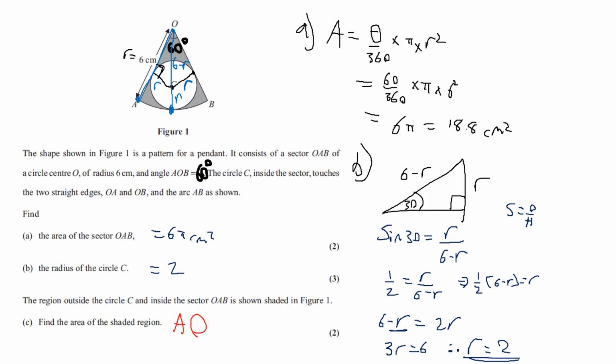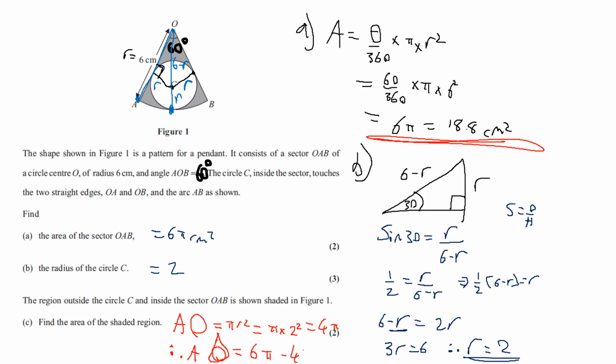The area of the circle is going to be pi r squared, which is just pi times 2 squared, 4 pi. And so therefore, the area of the shaded region, it's the best drawing I could get, it's just going to be 6 pi, which we had at the start, minus 4 pi, and so we're left with an area of 2 pi, which is how you would write it in a non-calculator paper.